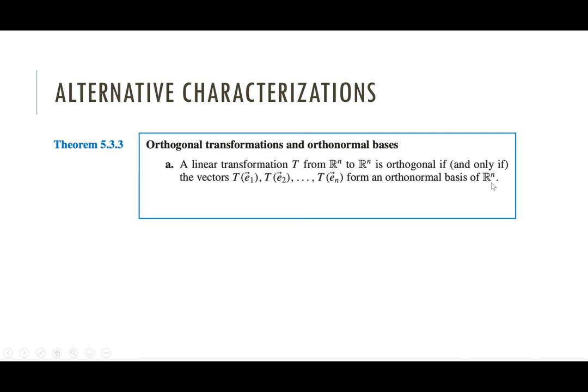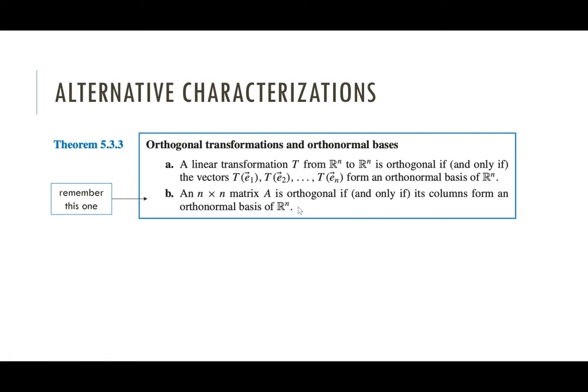And in matrix land, this means an n by n matrix A is orthogonal if and only if its columns form an orthonormal basis of Rn. And this is the thing that you should remember about orthogonal transformations. Preserves length, yes. Preserves angles, yes. But when you're looking at a matrix and you're asked, is this orthogonal? Check, is it n by n and are the columns orthonormal? And if so, then there you go. You've got yourself an orthogonal matrix. So that's the one you use to check.